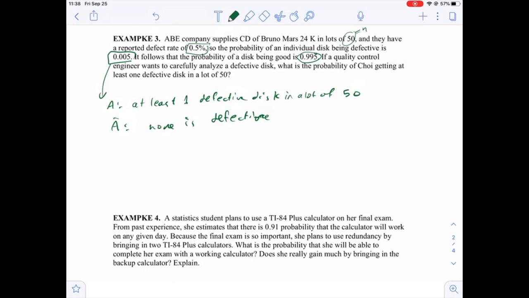Now, what is the probability of A? The probability of A is given, it's 0.005. And what is the probability of A complement? The probability of A complement is 1 minus the probability of A. But what is the probability of A? It's 0.005, and that gives us 0.995.